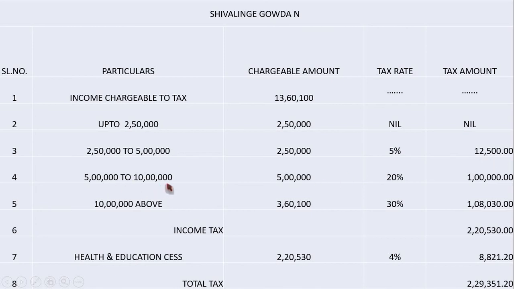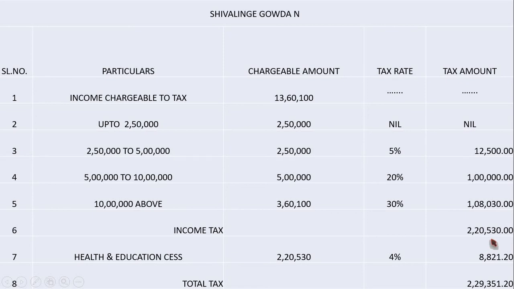So 5,00,000 to 10,00,000, the difference is 5,00,000, so 20%, 1,00,000. So above 10,00,000, 13,60,100 minus 10,00,000, remaining balance is 3,60,100 into 30%, that is 1,08,030 rupees. So total income tax is 2,20,530.